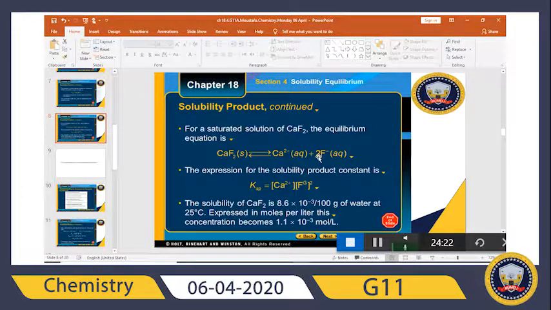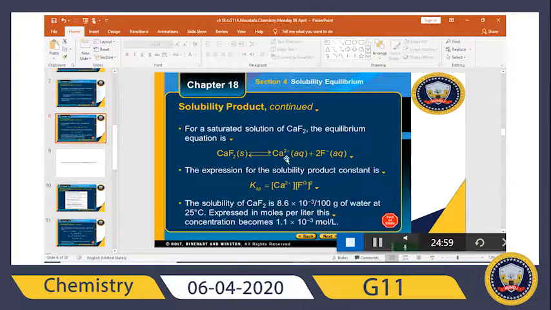So you have to multiply this value times 2 before adding it inside the brackets. You put this value in this area, this for calcium ion. Then you multiply this value by 2 and put it inside the brackets, and the brackets will be raised to the power of 2, the coefficient, because inside the brackets you are related to the concentration, but this 2 is related to the coefficients.